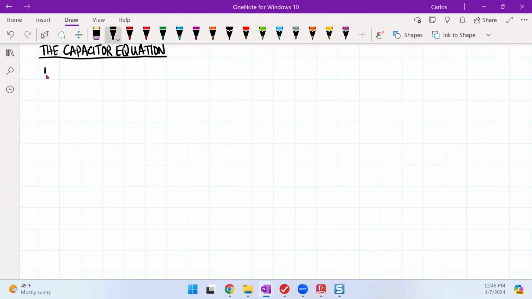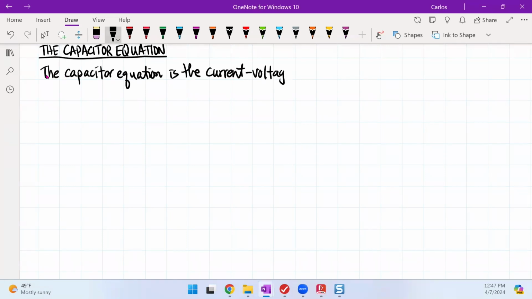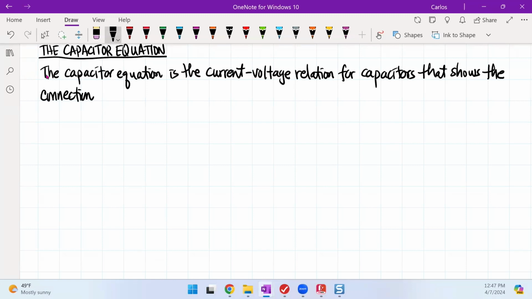The capacitor equation. The capacitor equation is the current voltage relation for capacitors that shows the connection between VC and IC.